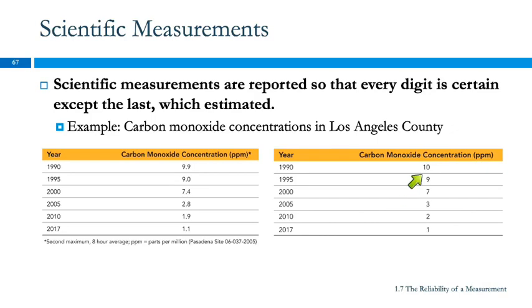So here, when it says 10 parts per million, we assume that there's uncertainty in the last digit, which is the 0. So when I see 10 parts per million, I think, well, that's between 9 and 11, somewhere in there. This one, 9.9, though, the uncertainty is in the tenths place. That's between 9.8 and 10.0. That's a more precise measurement. So in scientific measurements, the last digit is estimated.